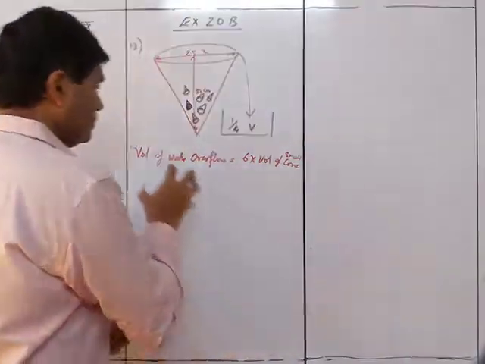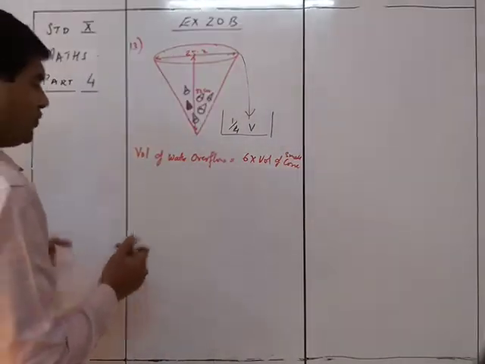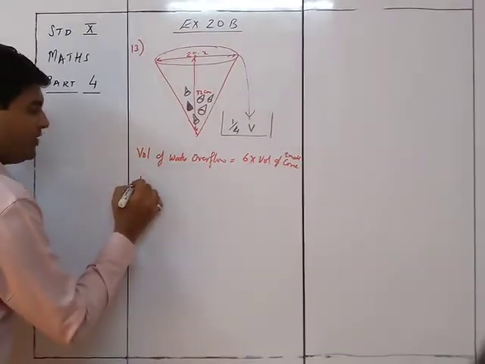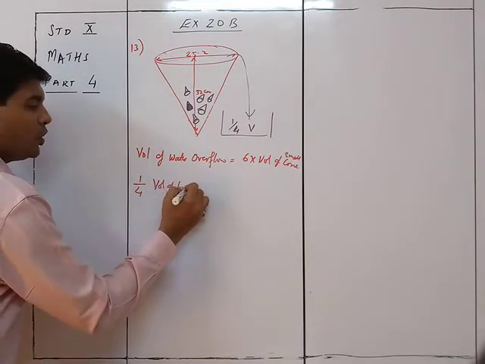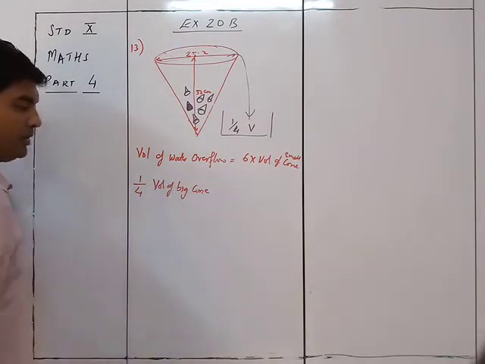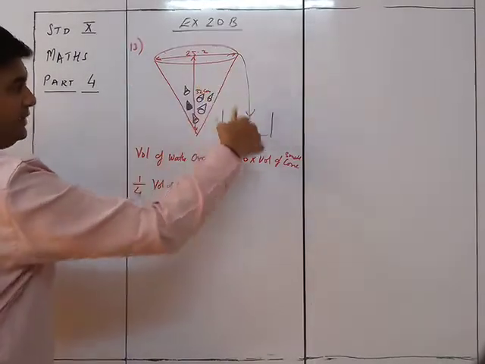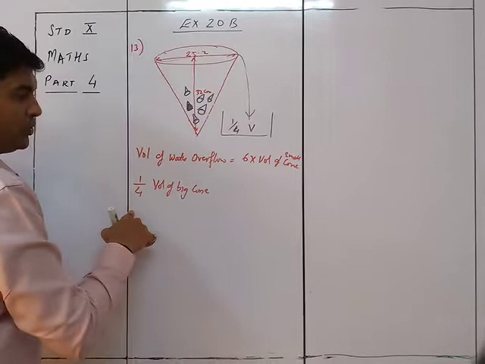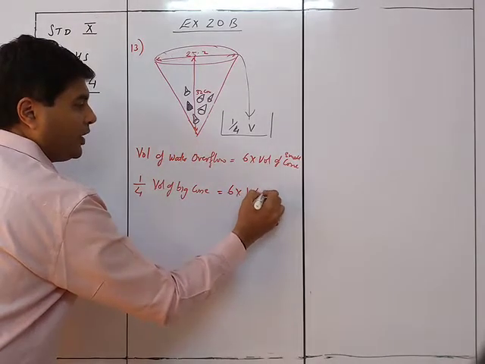So what is the volume of the water overflow? Overflow water is 1/4 the volume of big cone. The water overflow कितना हुआ था? 1/4 of this thing. So volume of the big cone into 1/4 is equal to 6 into volume of small cone.